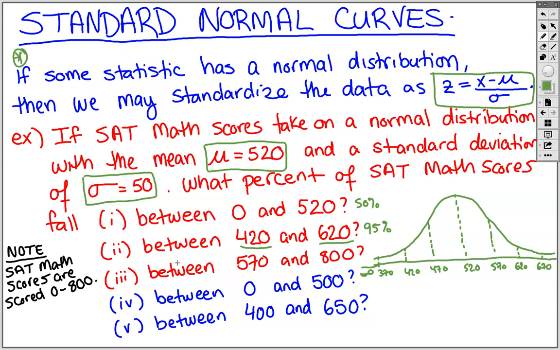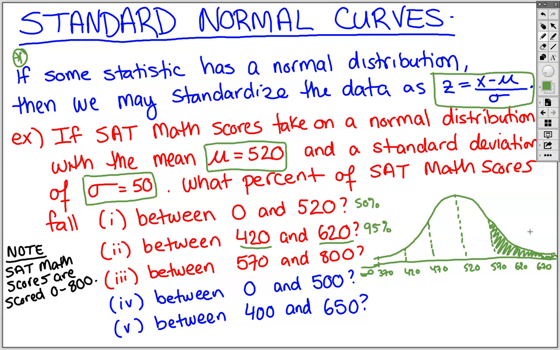Okay, so the last one that we can use the 68, 95, 99.7 rule for is part 3, and it says how much of the data falls between 570 and 800. So 570 is right here, and we want to know what is the area of that shaded region.